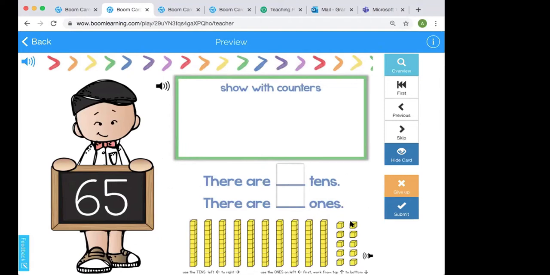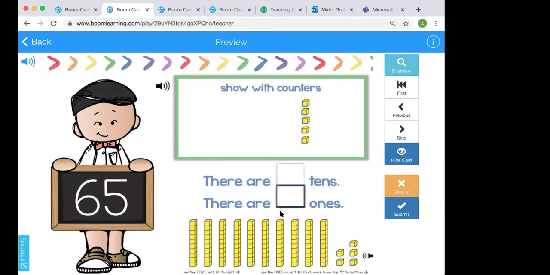How many ones do we need? Oh, ones. Okay. So I think 5 ones, right? Yes, 5 ones. 1, 2, 3, 4, 5.